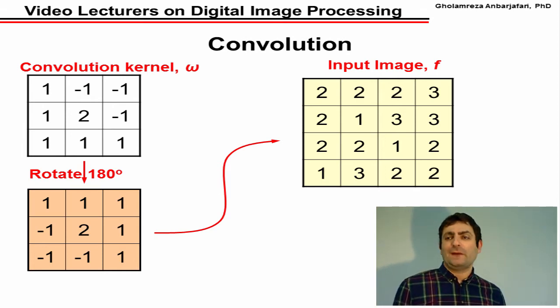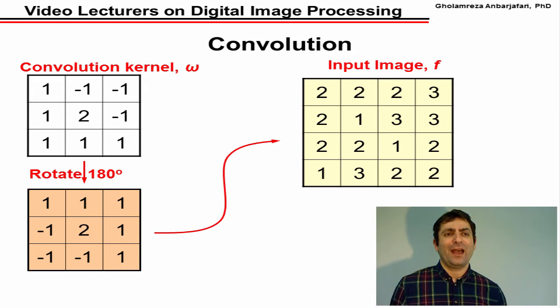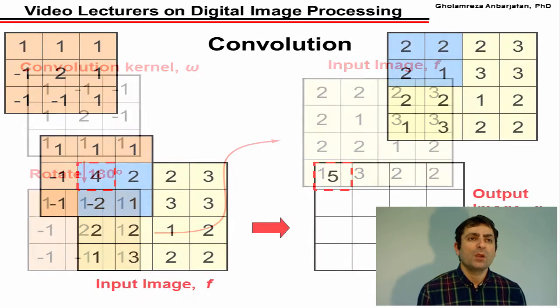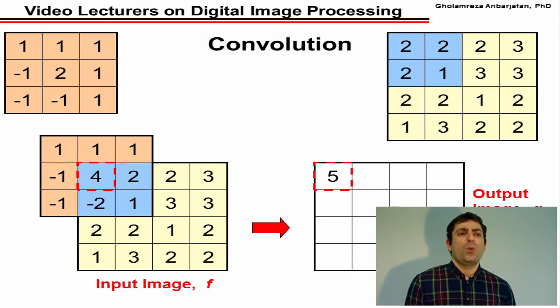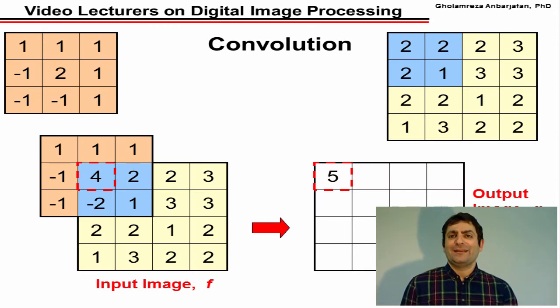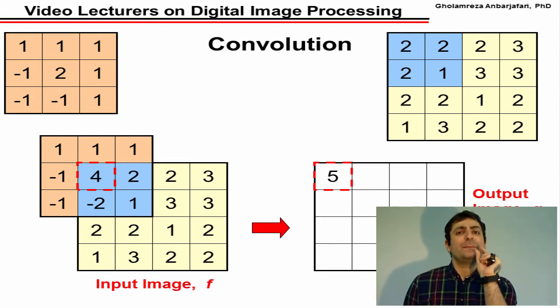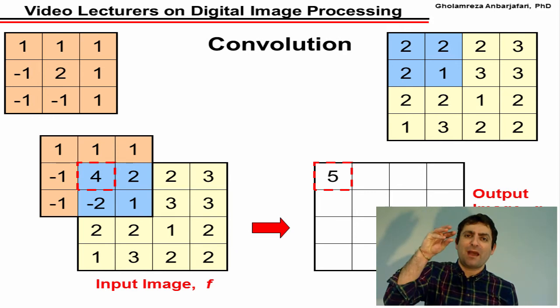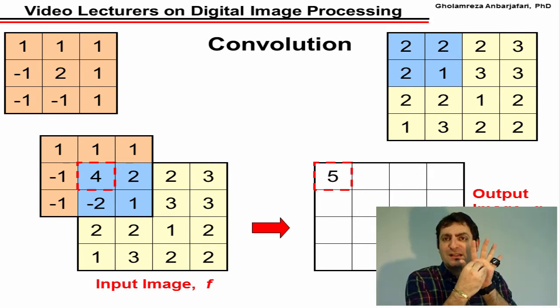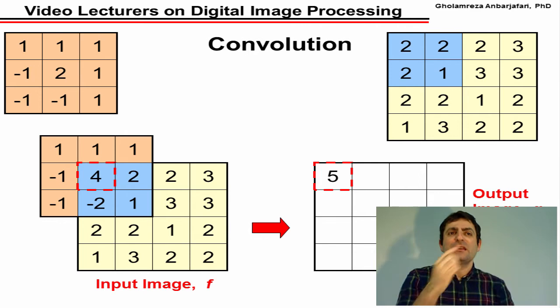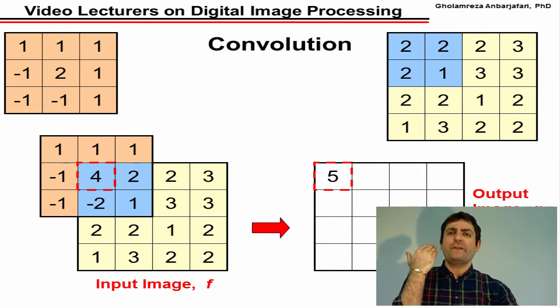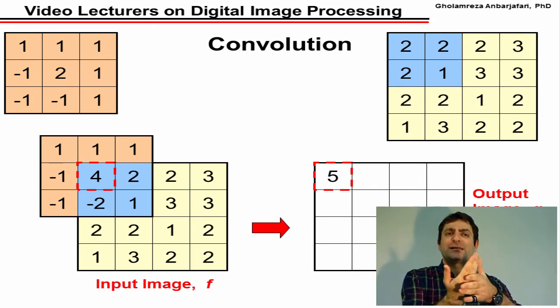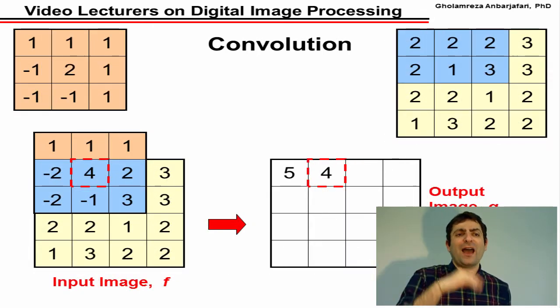So now we have rotated by 180 degrees, and we have an input image. So we want to see what the result of the convolution is. What we do is put the center of the mask on the pixel value that is of interest. So the center of the mask will be put on the pixel values that we have. And now we can see the neighborhood. And what we do is multiply each coefficient by the corresponding pixel, and we add all the values.